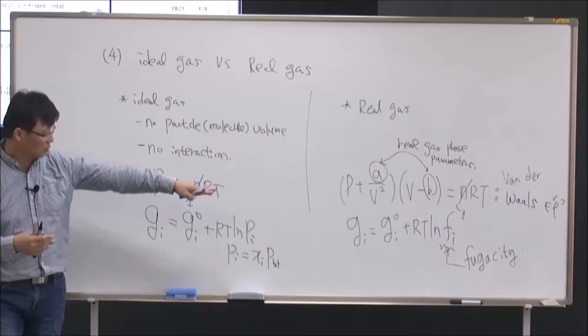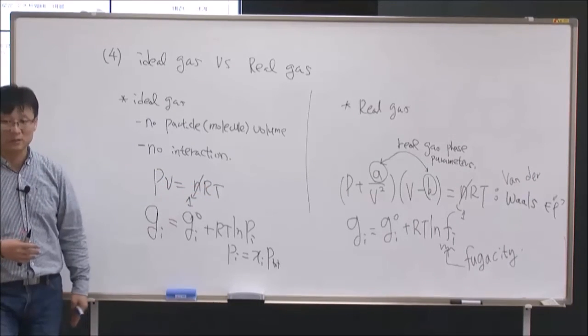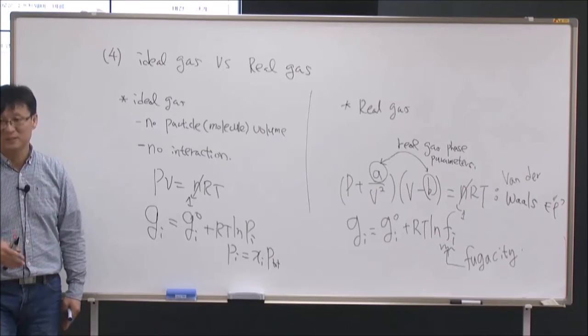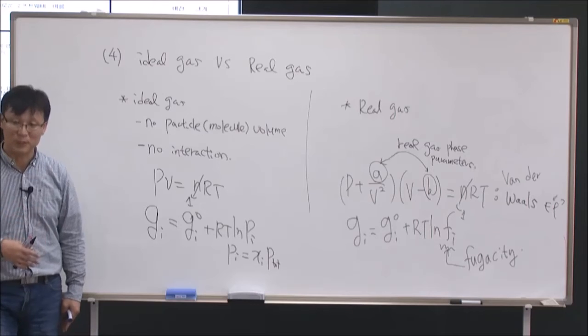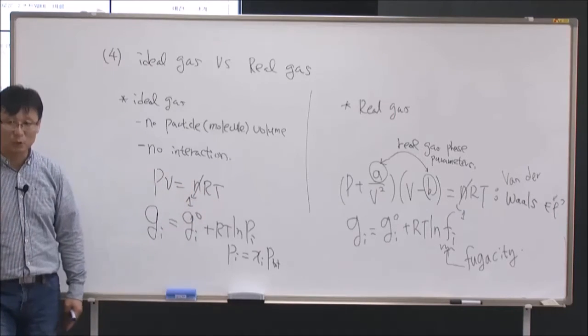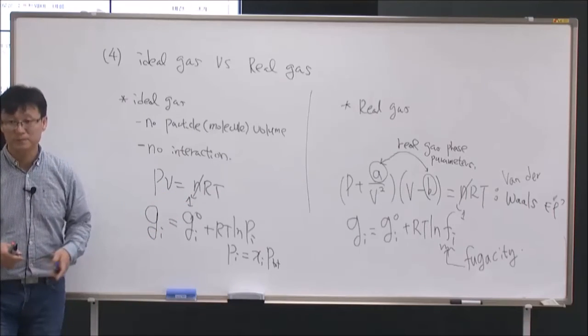Then you can start to use the fugacity if you want to make a more correct calculation. But still the difference is only a few percent. That few percent is sometimes very critical, so people are still talking about fugacity. But at the moment, in most cases, you can just assume fugacity and the partial pressure are the same.